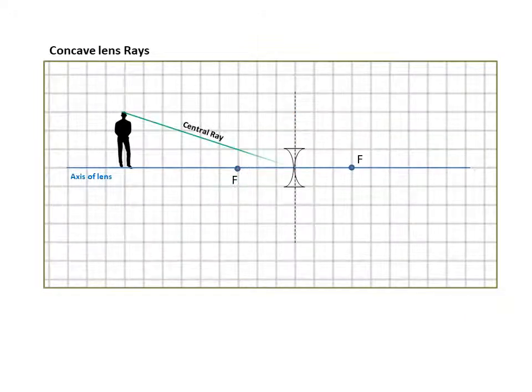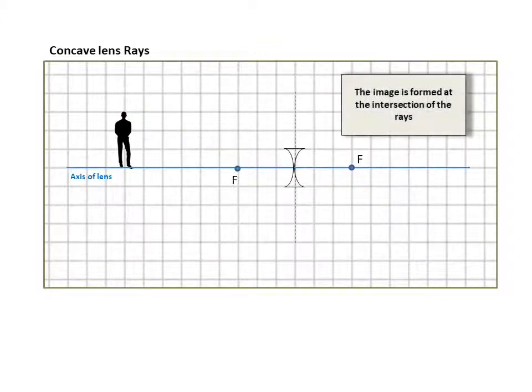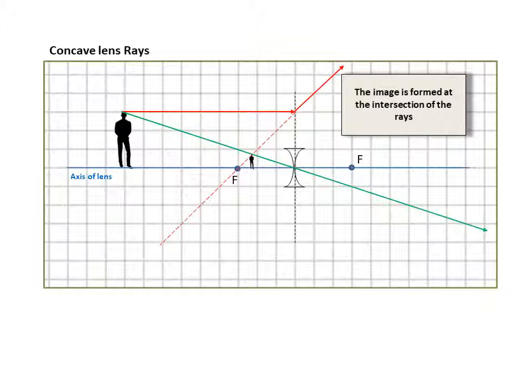Then, just like with the convex lens, we draw a ray that travels through the center of the lens and continues straight on. We could use a third ray, but for the concave lens it's quite complicated, so in this case we'll just use the two, and again we can determine the top of the image by finding the intersection.